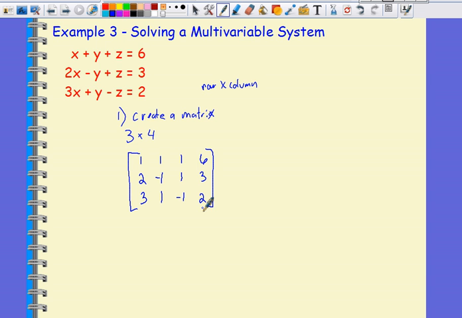This is one of many times where I'm like, you know what? Let's just use the calculator. The calculator does this for us, so let's just use the calculator, okay? So, in your calculator, does everybody know how to make a matrix?